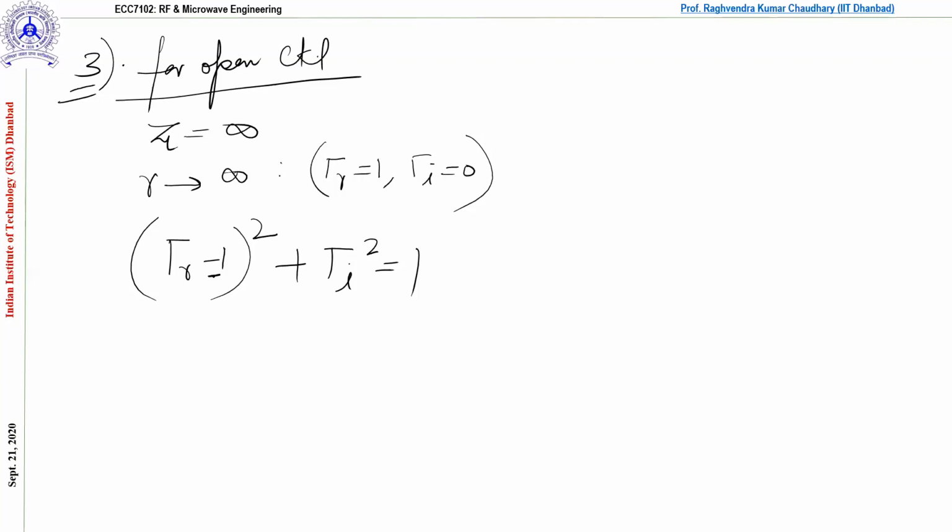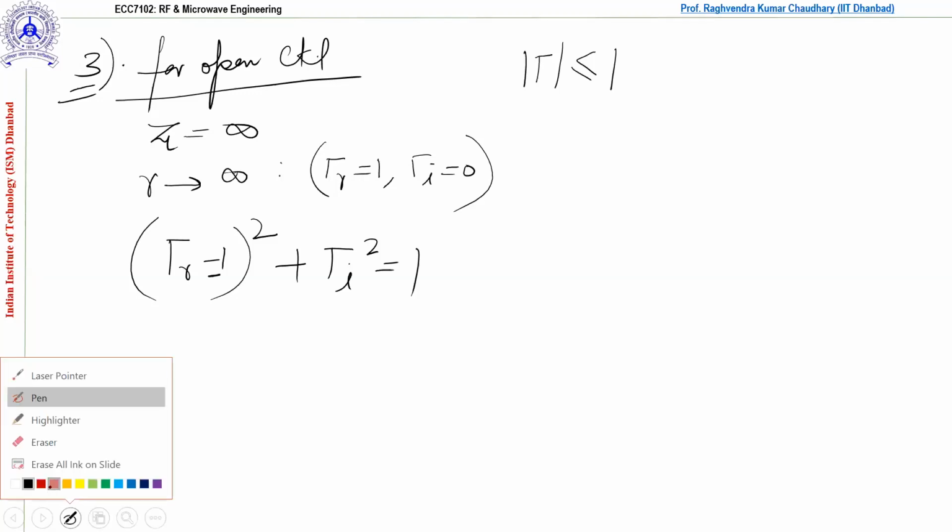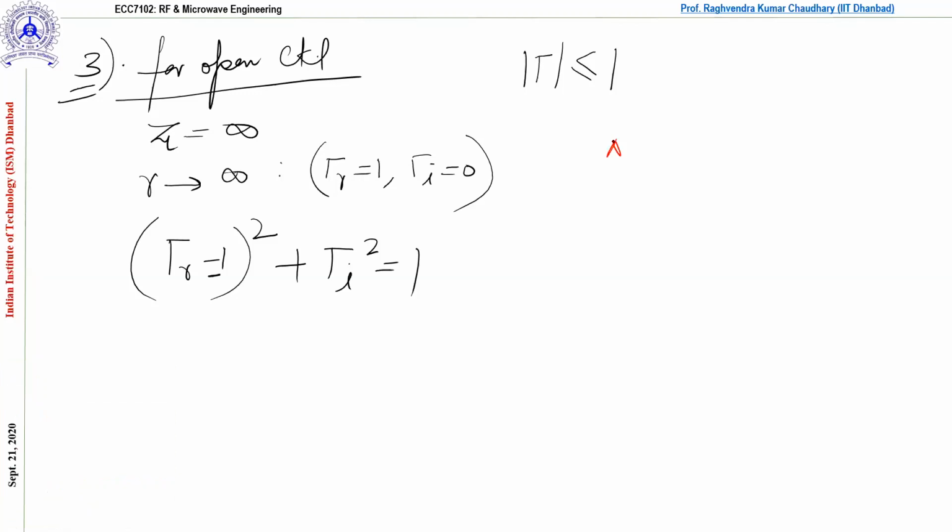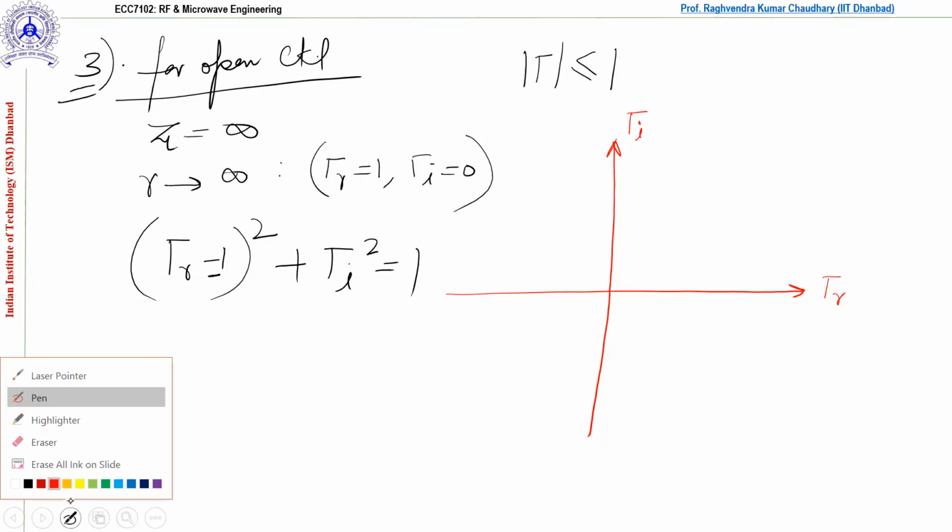It means that the normalized resistance, small r, varies from 0 to infinity, and the mod of gamma is less than or equal to 1. Now let us try to draw these things and see how it will look. So this is the plane, this is the reflection plane, gamma I and gamma R. Now the first circle, let us try to draw.